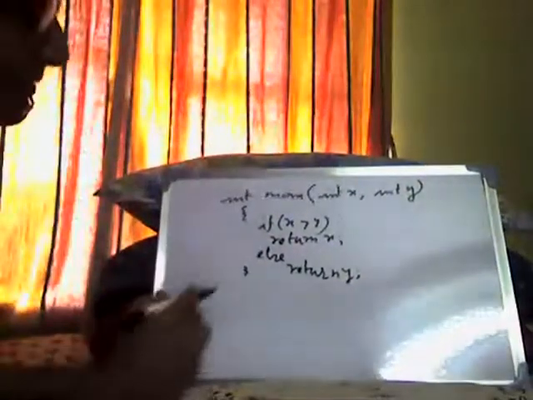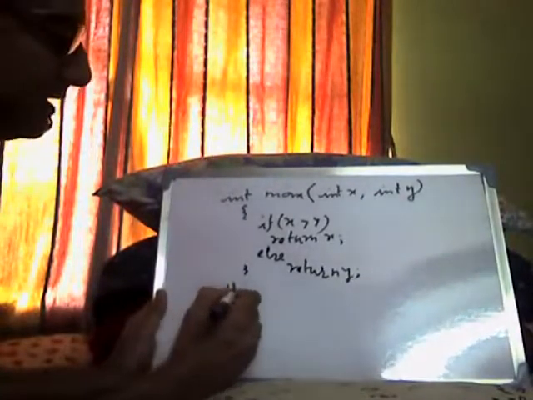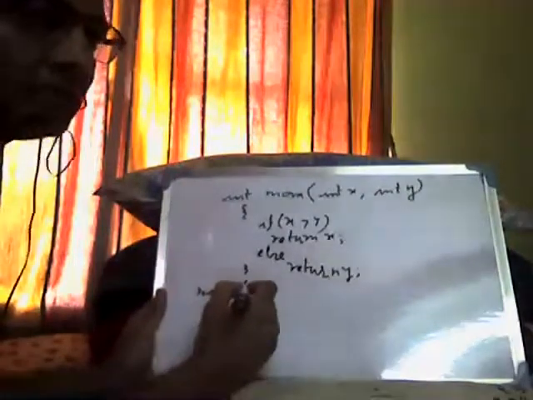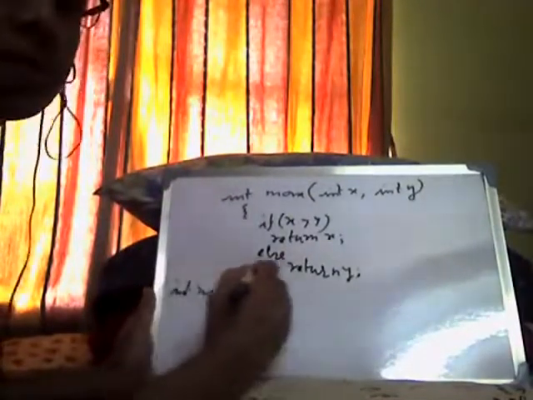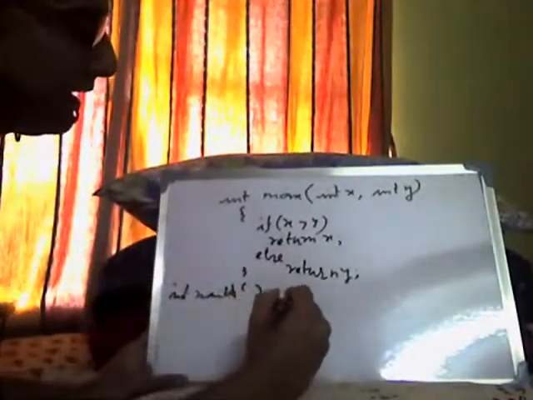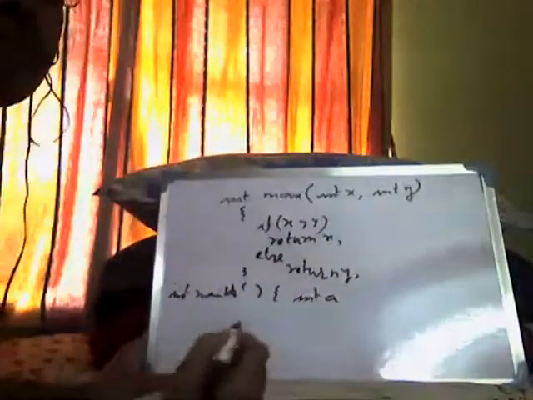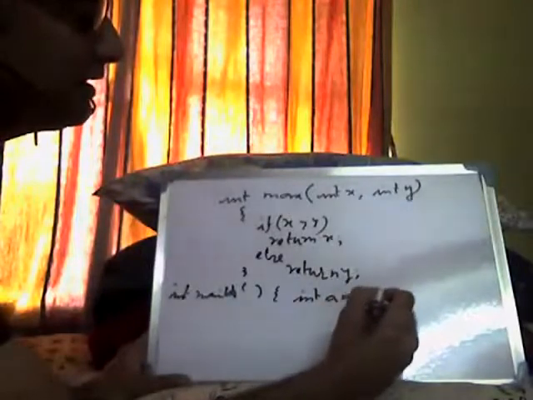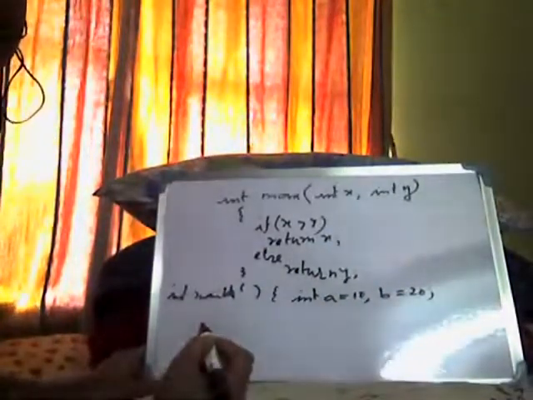And what should be the main function here? From the main function it is calling max. This is int main. Within this, int a equal to 10, b equal to 20. Suppose this is there, right?